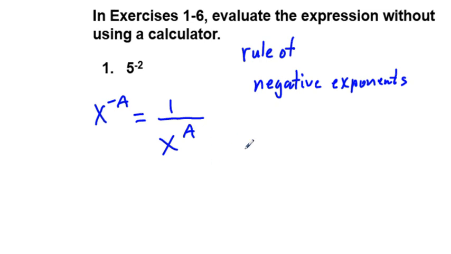And likewise, if you have 1 over x to the power of negative a, this expression can be rewritten as x to the power of positive a. So essentially, you're playing with the numerator and denominator. An exponent that is negative in the numerator becomes positive as that switches to the denominator.